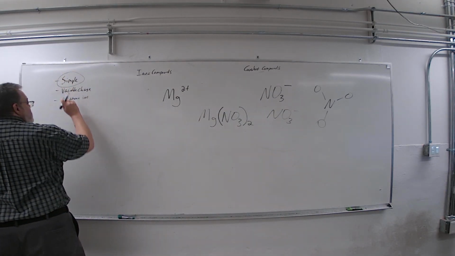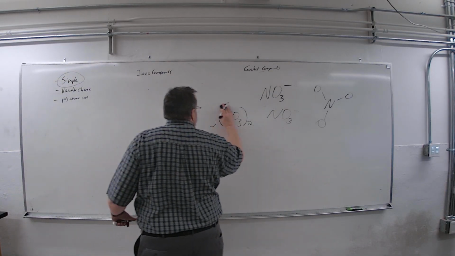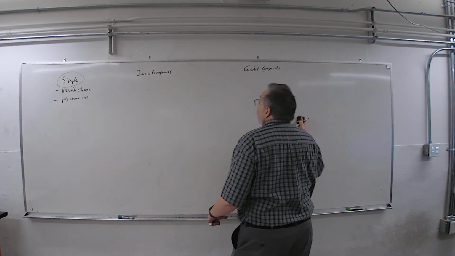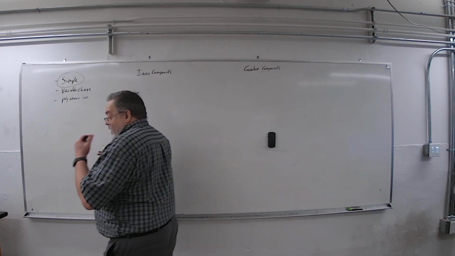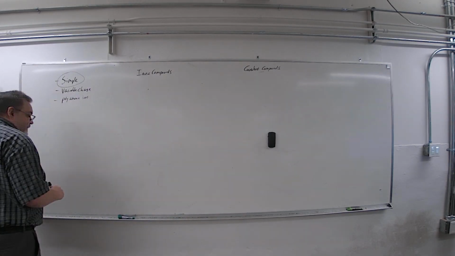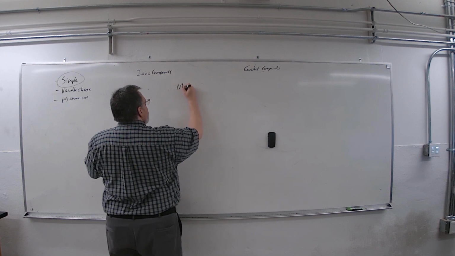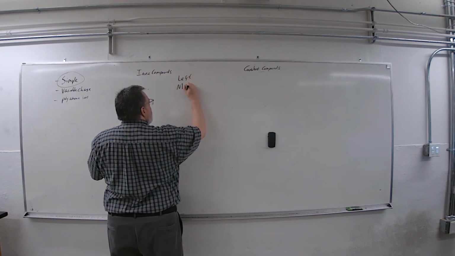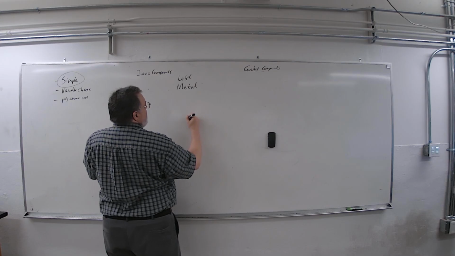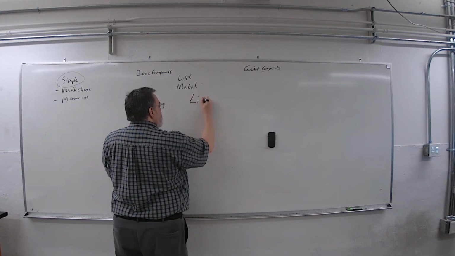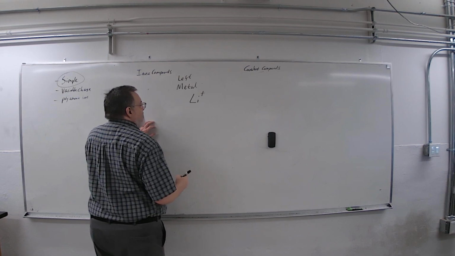Naming for these, for the simple ones. Naming ionic compounds. The metal, which is on the left, and let's do lithium, which is plus.